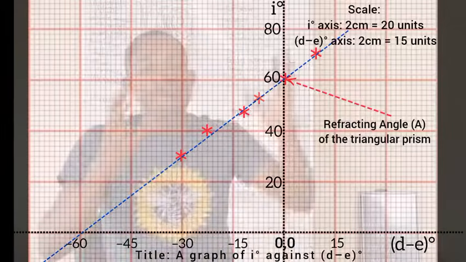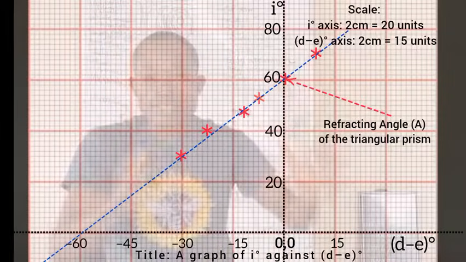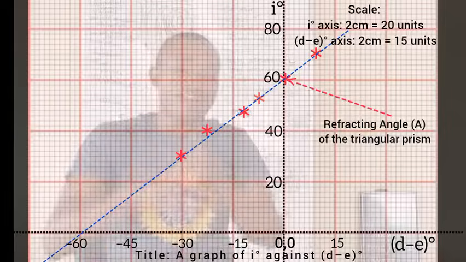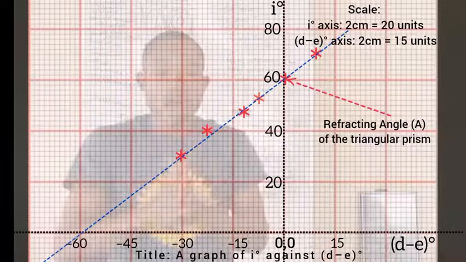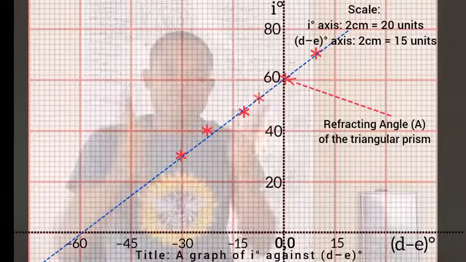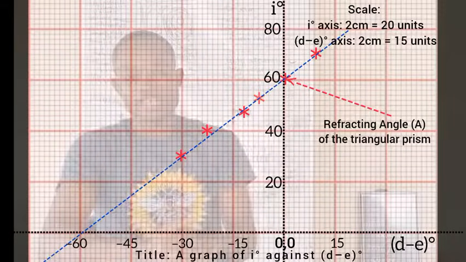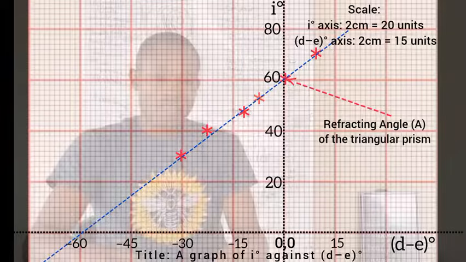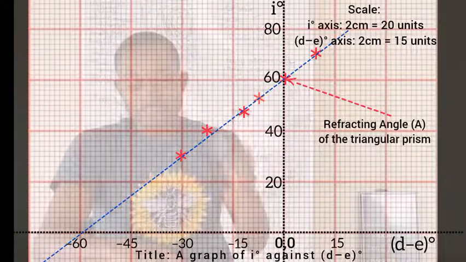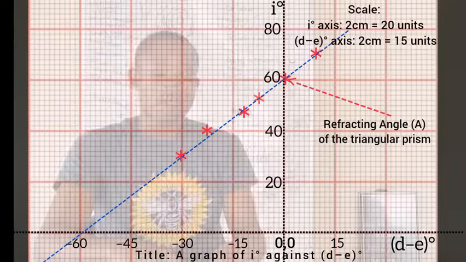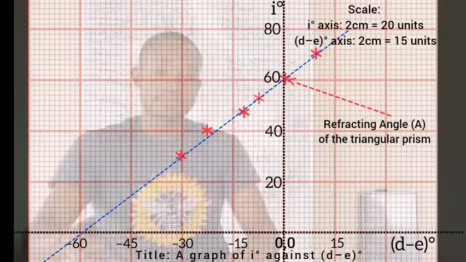Therefore, our intercept represents the refracting angle of our triangular prism, which I used to demonstrate the experiment. So take it. Intercept of both axes represent what? The refracting angle of the triangular prism A.